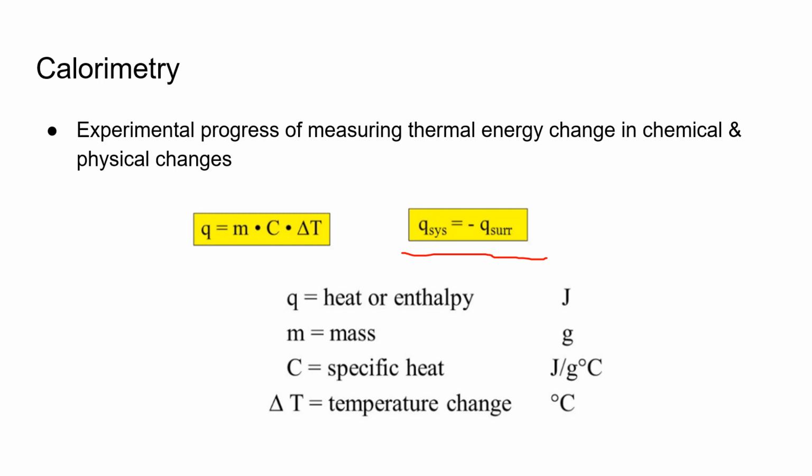And we also use the heat capacity equation to solve for heat loss or gain, which is this equation over here. Q represents the heat change, M represents the mass of the substance, C is the specific heat capacity, and delta T is the temperature change.